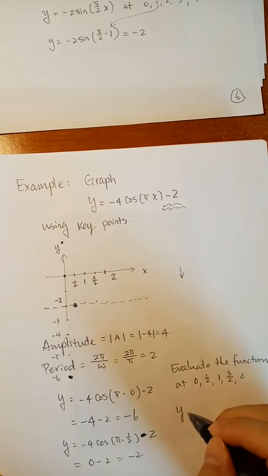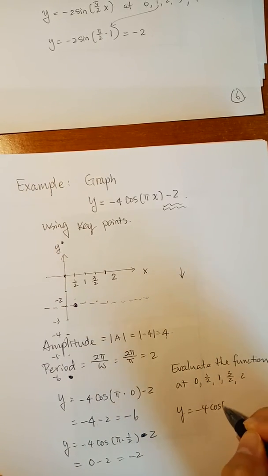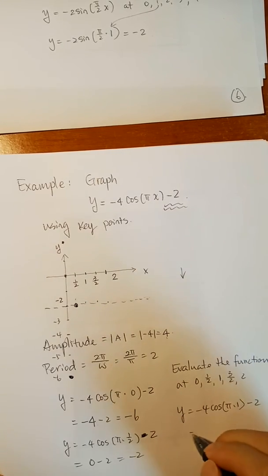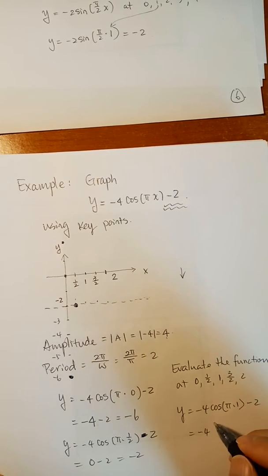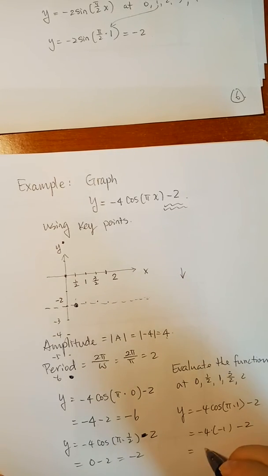And you continue this, pi times 1 and minus 2. So cosine pi is negative 1. So it's 4 minus 2, which is 2. It's here.